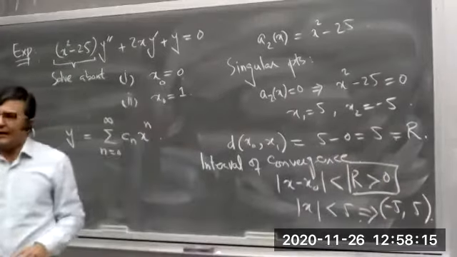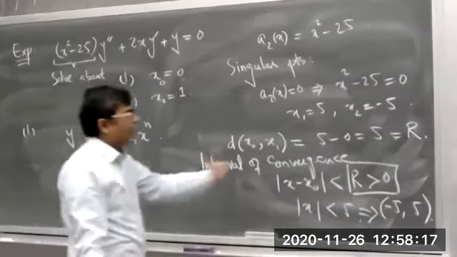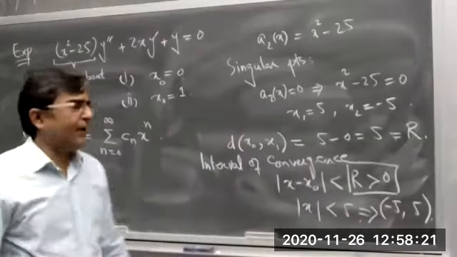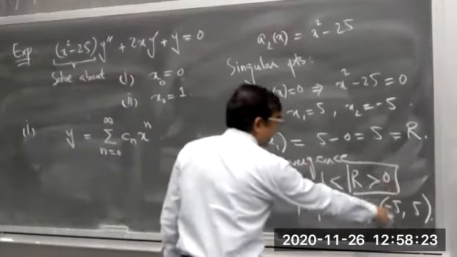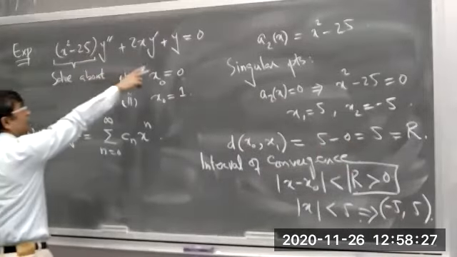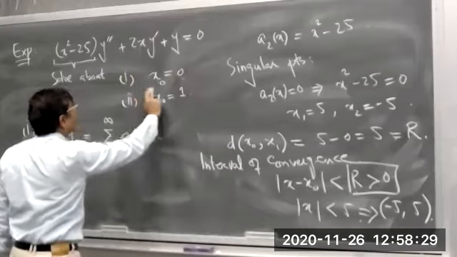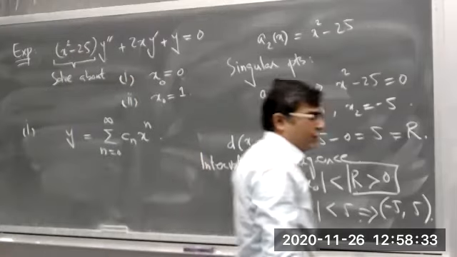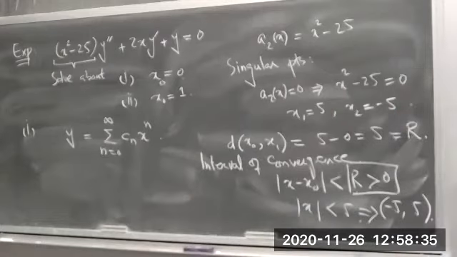It should not be negative. So we again put here 5 and we obtain the same interval. So this will be the interval of convergence for the power series solution about x equal to 0 of this differential equation. I hope you get it, and you can do it for x naught equal to 1 as well.